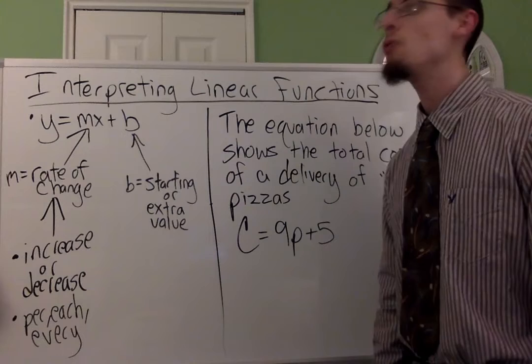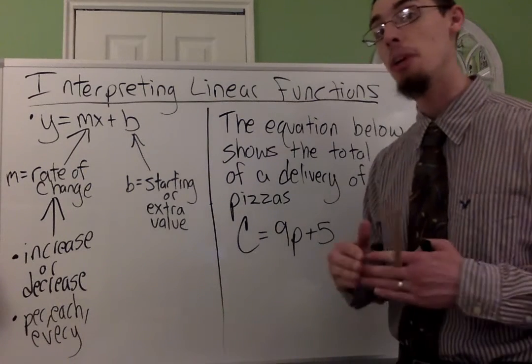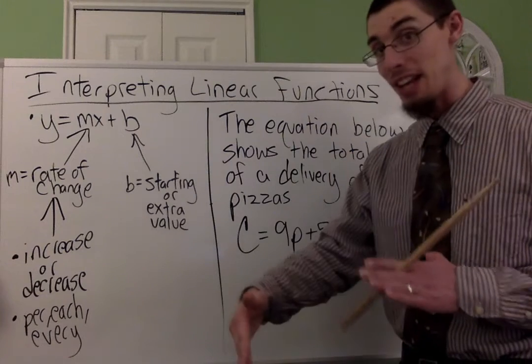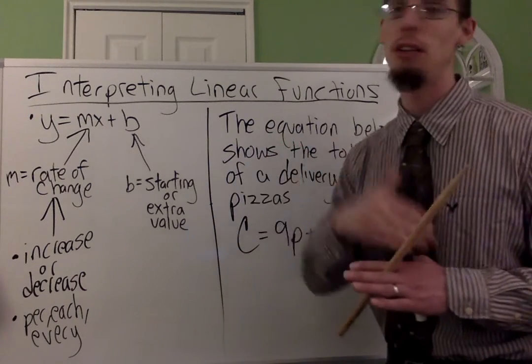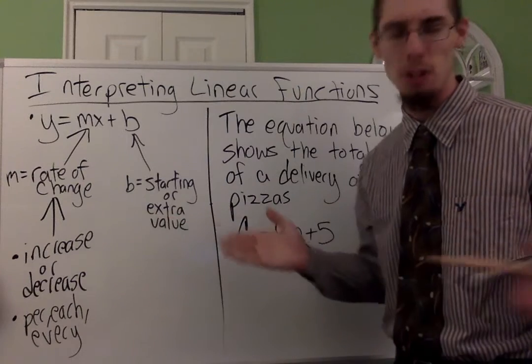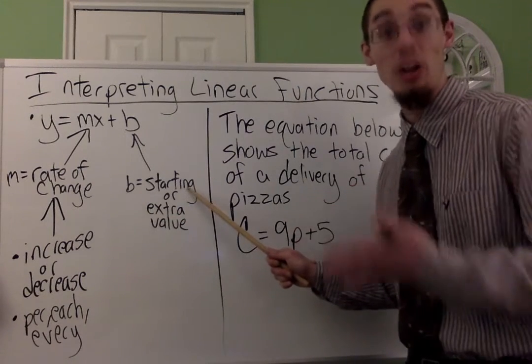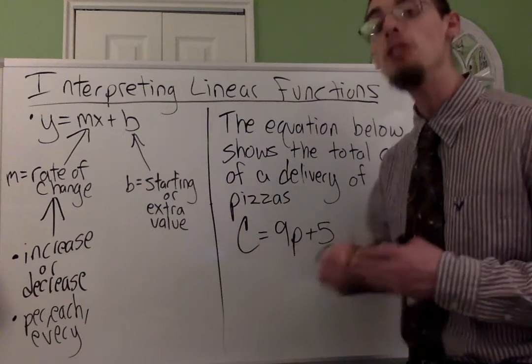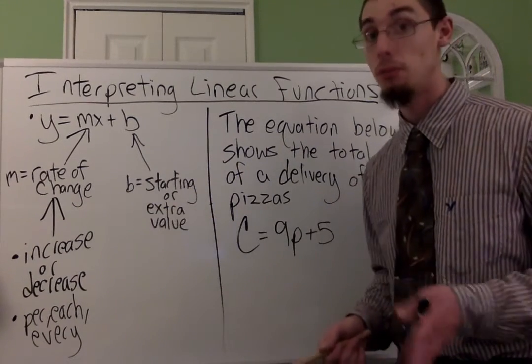Or maybe you get into a taxi cab. Sometimes a taxi is going to charge you a certain amount up front. As soon as you sit in there, it's $5. And then it's an extra 15 cents per mile or whatever the number is. But again, you'd start with $5 just for entering the taxi, and then you pay a rate based on the miles. Get that?